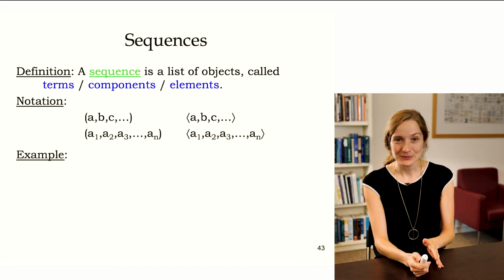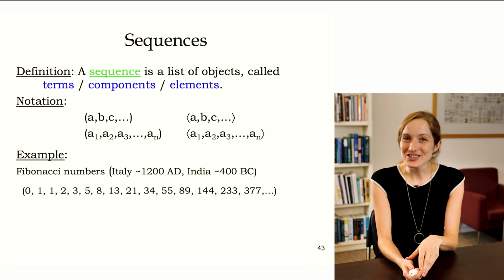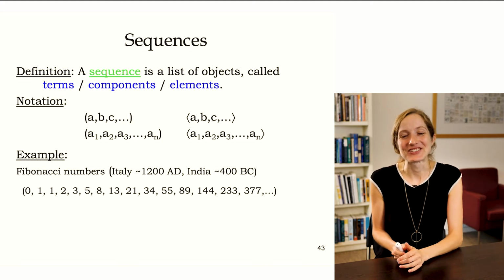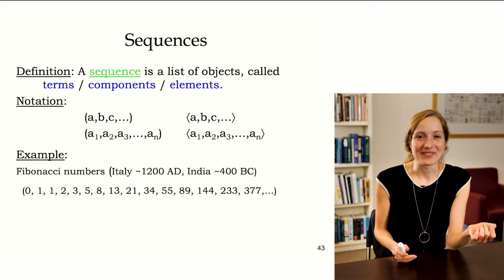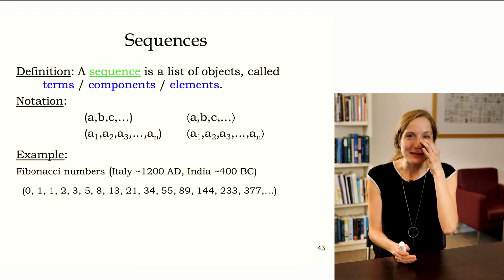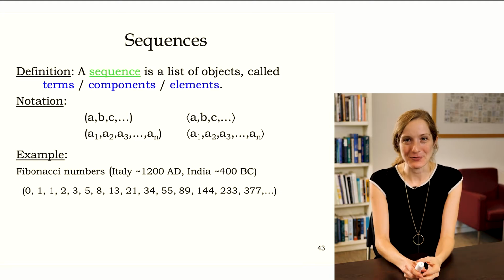More examples. Suppose, for example, you've heard of the Fibonacci number sequence. It's actually very cool, it has a lot of different things related to it. This came about back in the 1200s in Italy, but there's been evidence that it came about even many years before that in India.